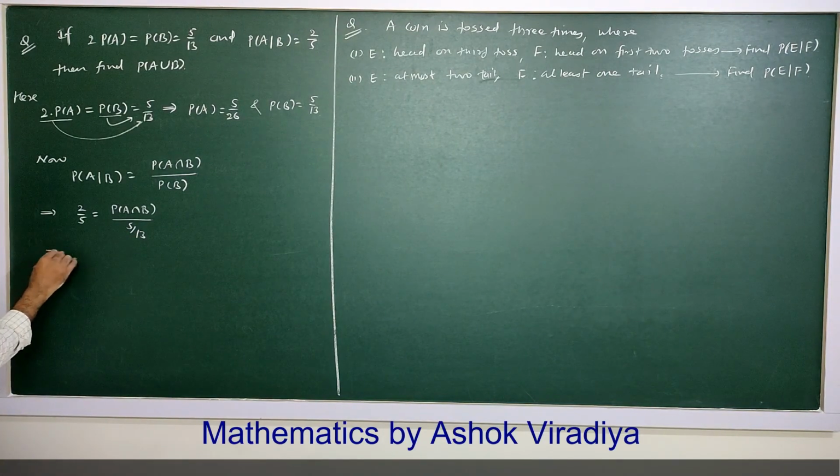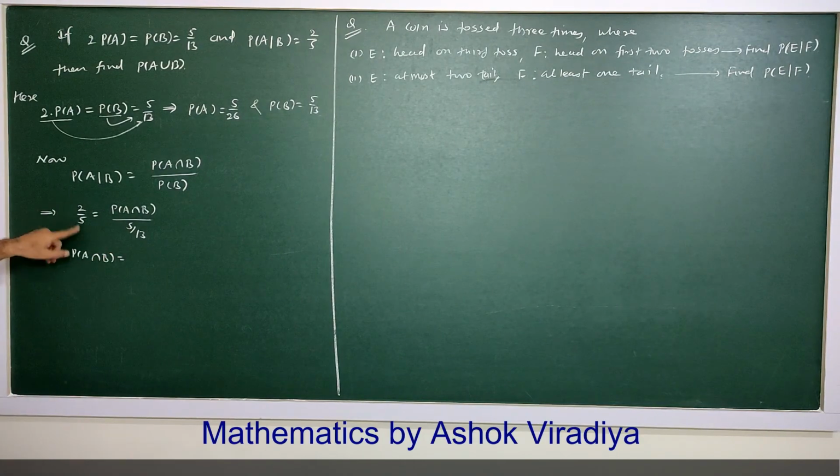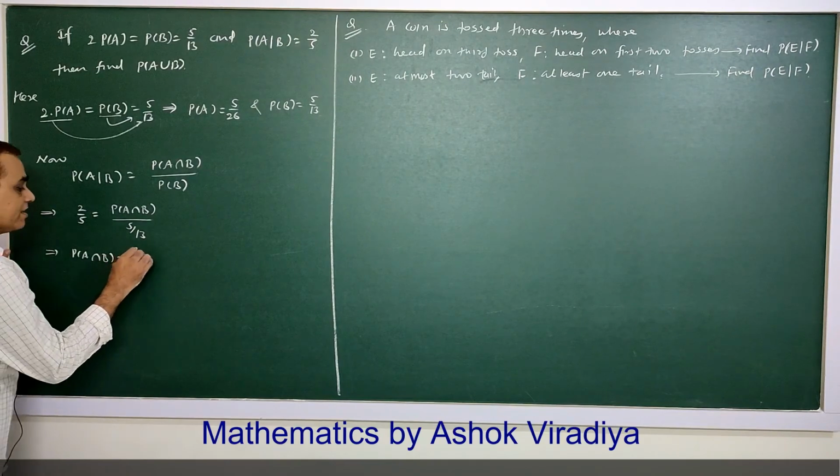That means P of A intersection B is 2 by 5 into 5 by 13, 5 cancel, so 2 by 13.